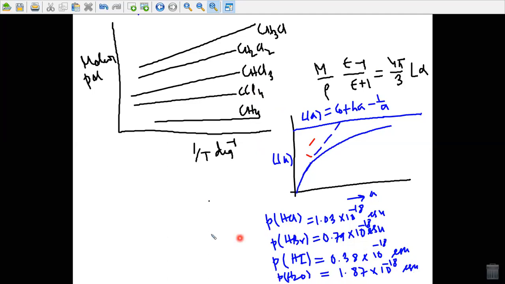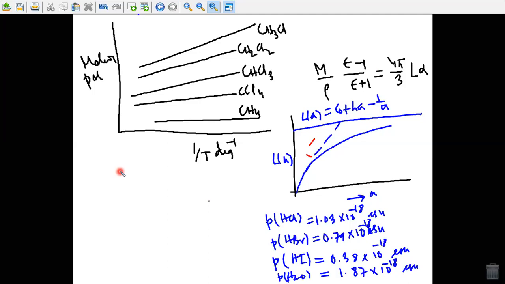Now, an important observation comes from the dielectric constant calculation from the Clausius-Mossotti equation. Although this equation holds fairly accurately for nonpolar substances, it fails completely in pure polar liquids or solids.